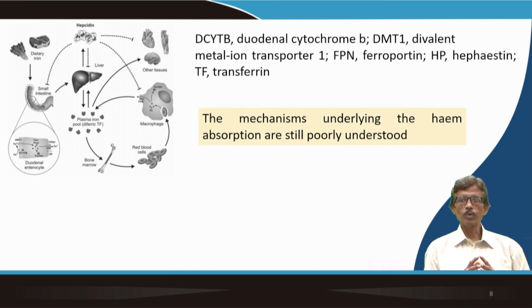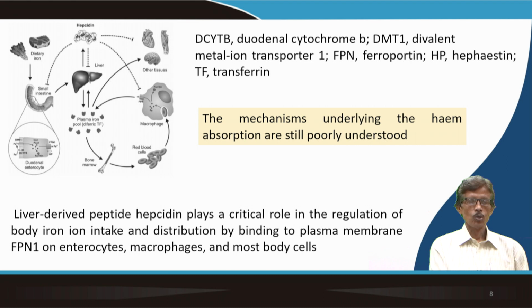So, the mechanism for the heme absorption is a difficult one, whereas the free iron from the non-heme part is well known. So, it is poorly understood. The liver is producing this hepcidin, and this liver-derived peptide hepcidin plays a critical role in the regulation of body iron uptake and the plasma membrane FPN1 on enterocytes.